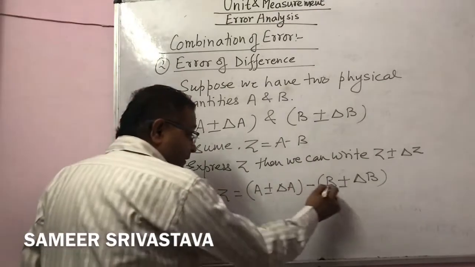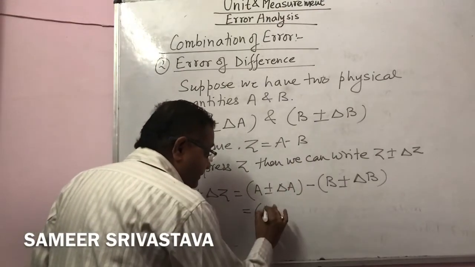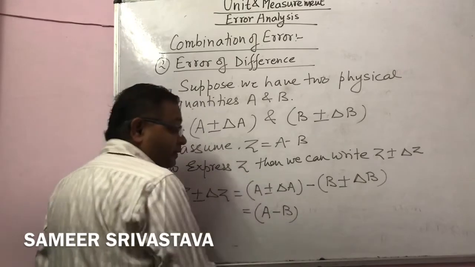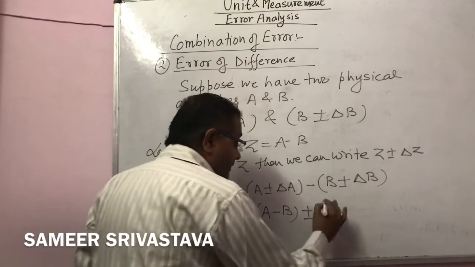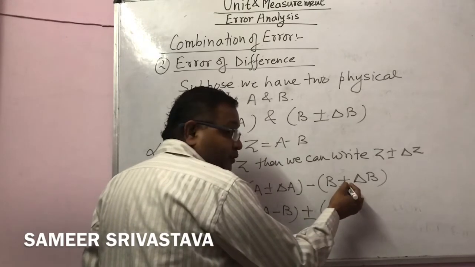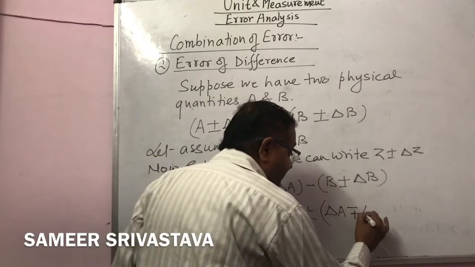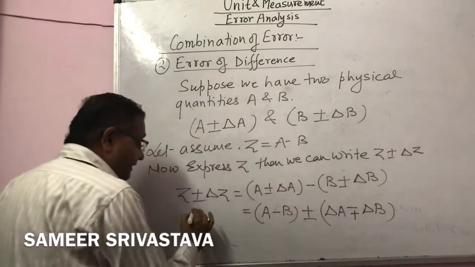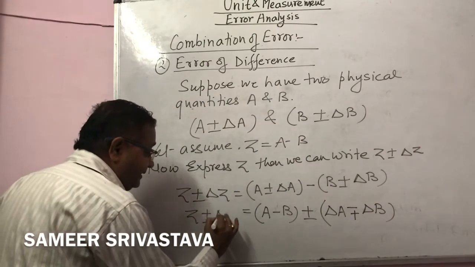Now take the absolute terms in one bracket, A minus B, plus minus delta A. Here the minus sign goes inside, it becomes minus plus delta B. So we can express Z plus minus delta Z.